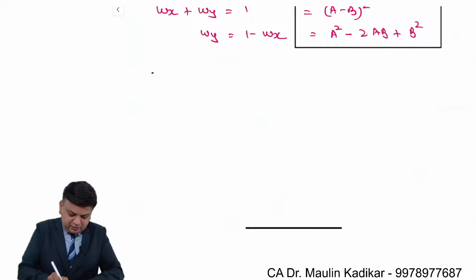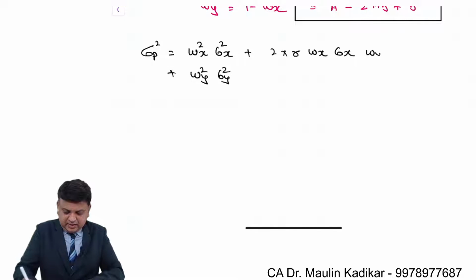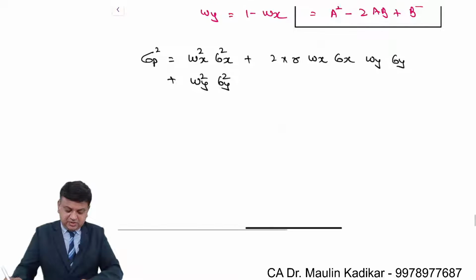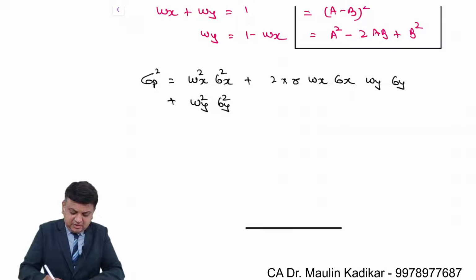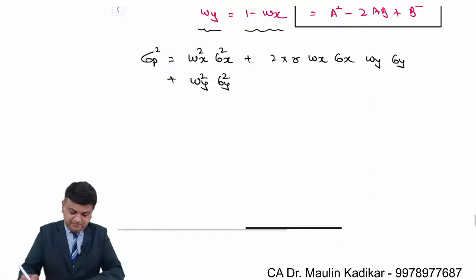Now variance of the portfolio is equal to wx square sigma x square plus wy square sigma y square plus 2 into r into wx sigma x wy sigma y. Now I am rewriting the equation. I am assigning wy a variable as 1 minus wx.